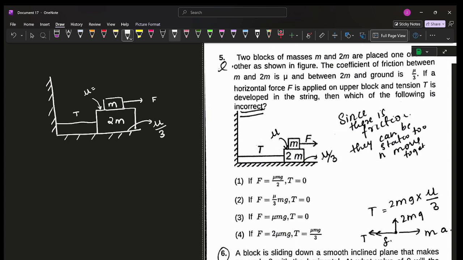I need to find tension as well as this. So if I consider only mass m, I'll have force this way, I'll have friction this way. And that friction will be equal to mu mg, or is it going to be 3mg?